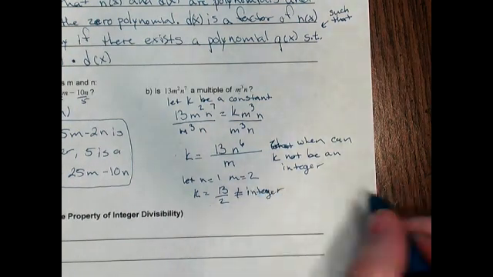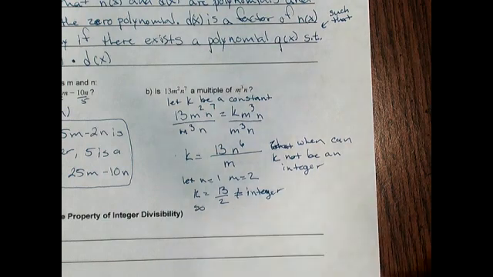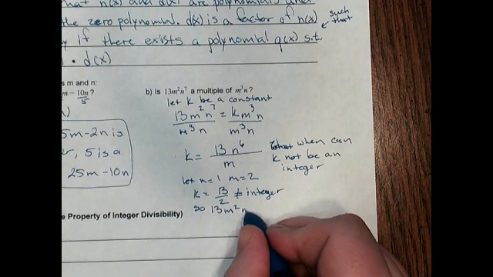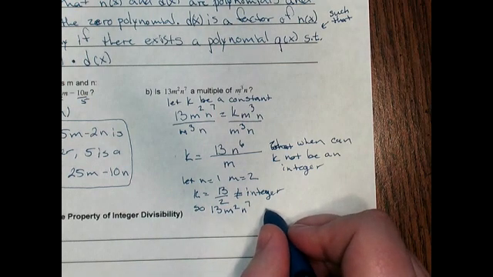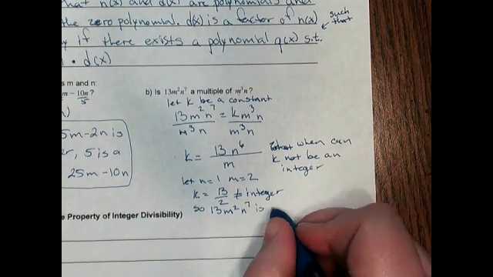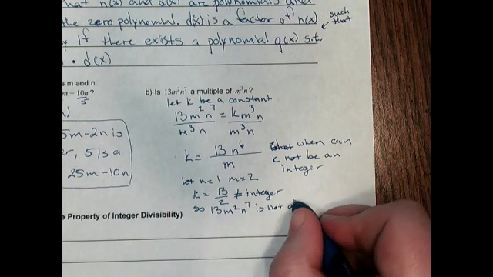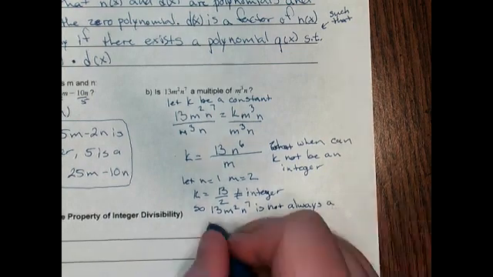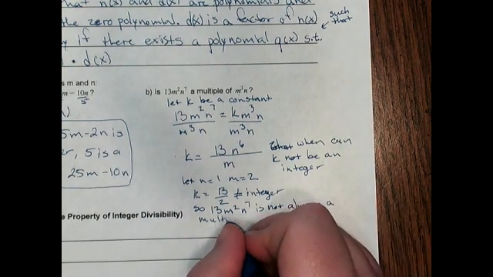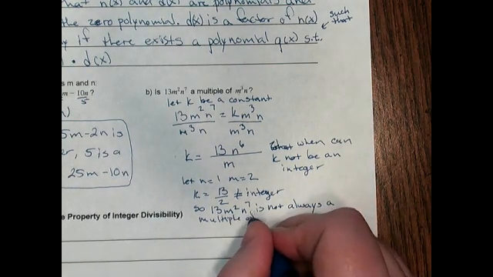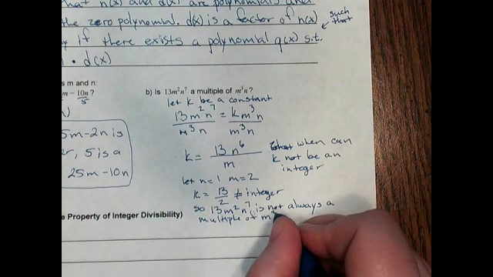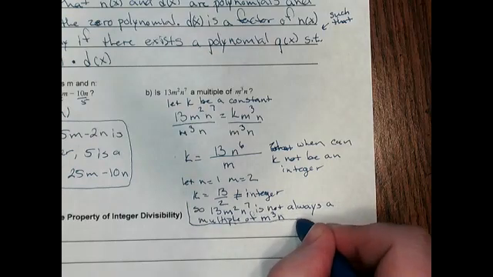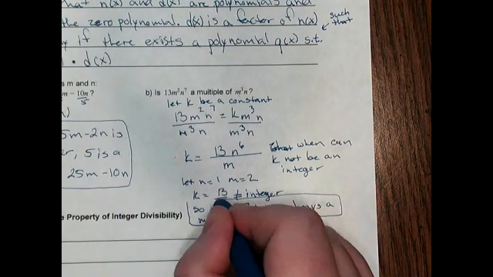So we can say 13 m squared n to the 7th is not always a multiple of m to the third n. It's possible that it is sometimes a multiple, but not always.